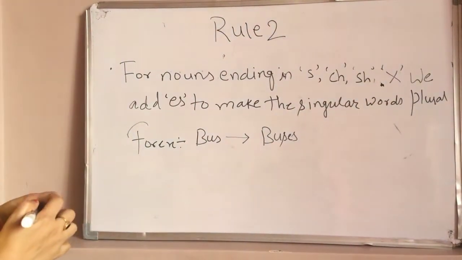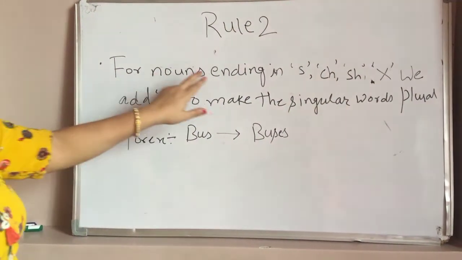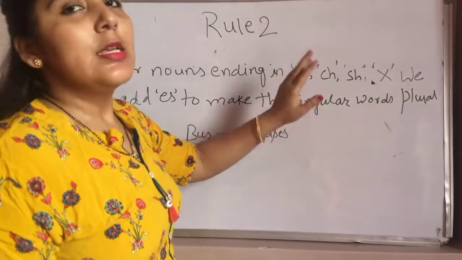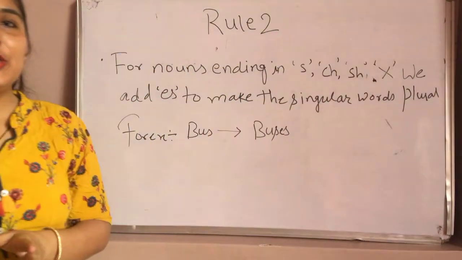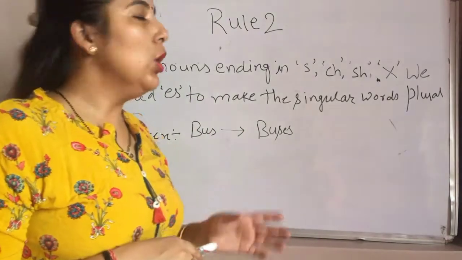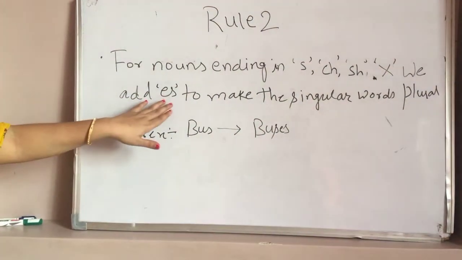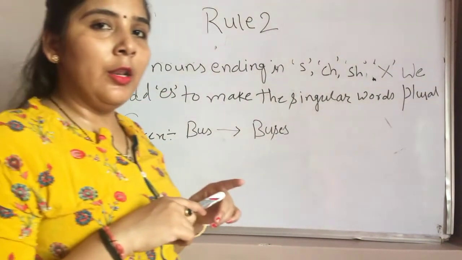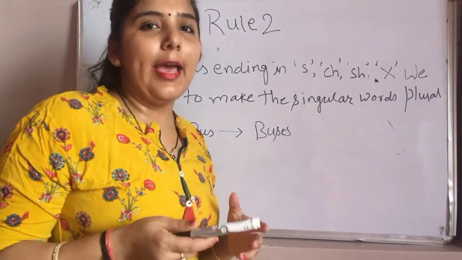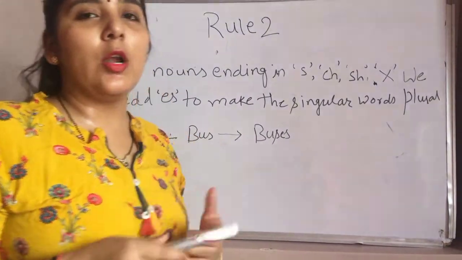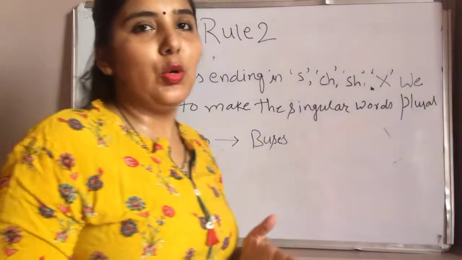Now rule 2: for nouns ending in s, ch, sh, x, o, we add es. In rule 1 we add s to convert singular into plural.